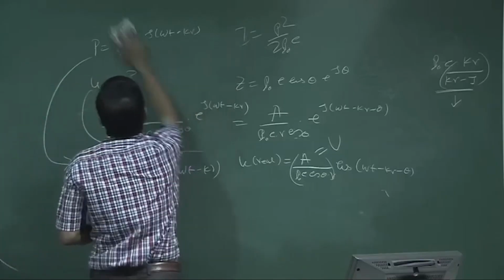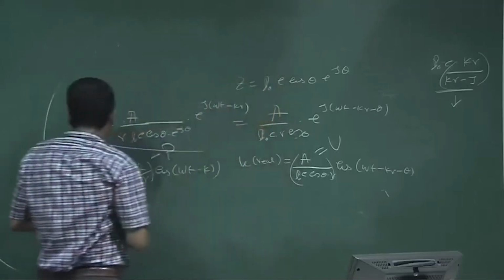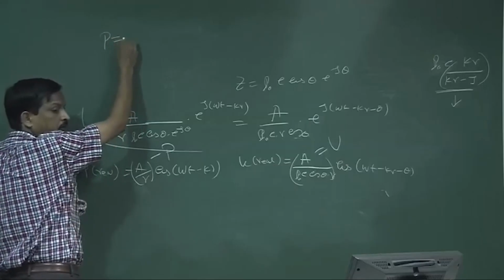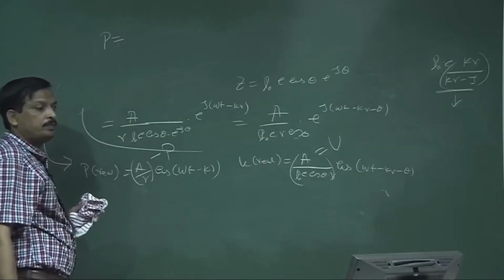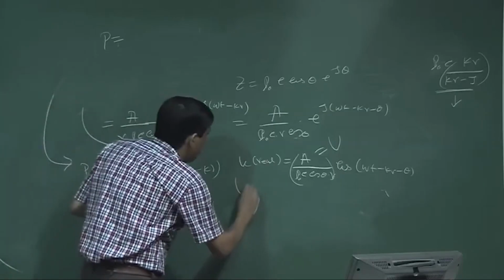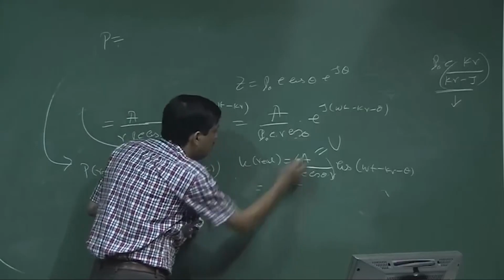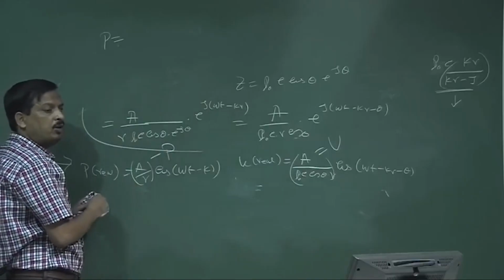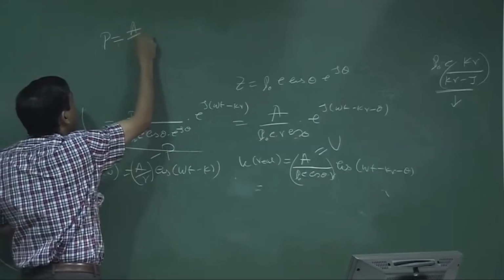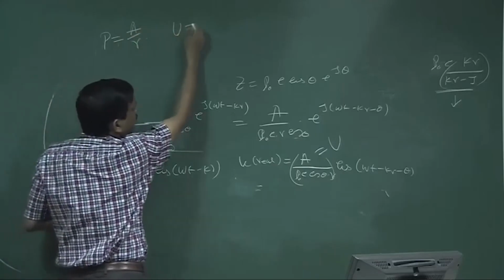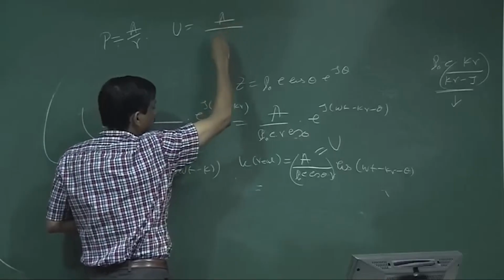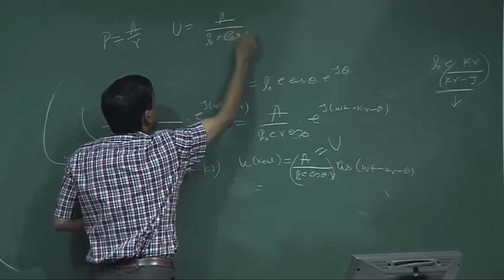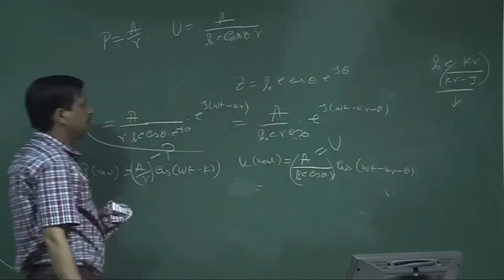Okay. So, if that is the case, then capital P is equal to A by r, and capital U is equal to A by (rho 0 c cos theta r).